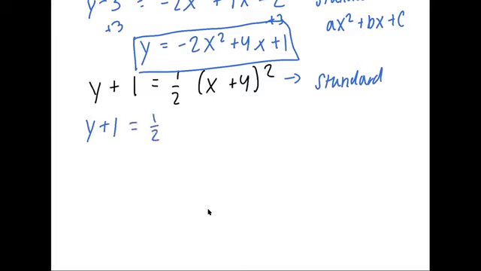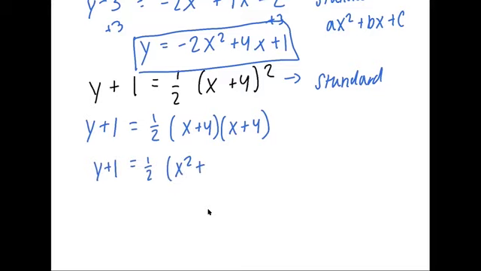We still have that 1/2 value out in front, but we've got to get that square. So we've got x plus 4, x plus 4. We keep all the other values. Again, we FOIL this out, and it ends up with x squared plus 8x plus 16.